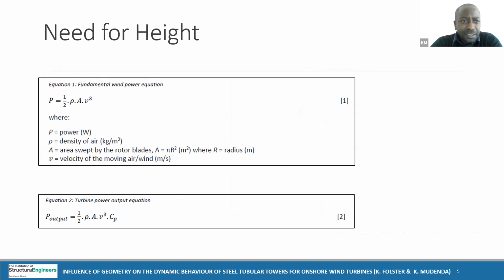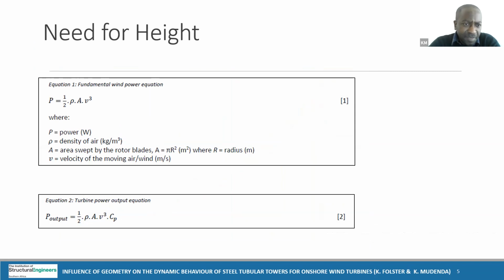Okay, so why the need for height? Why are these wind turbines getting higher? And what is the impact of that? To understand that, I've just illustrated here the fundamental wind power equation.